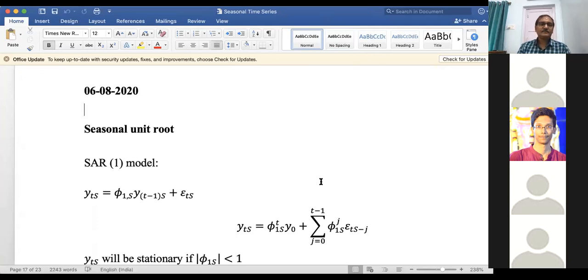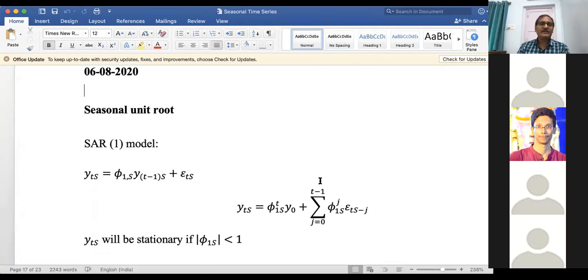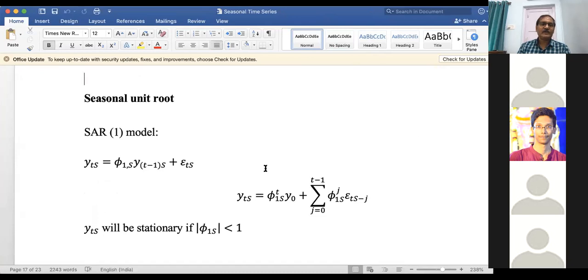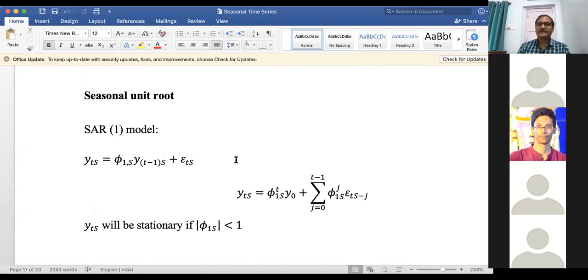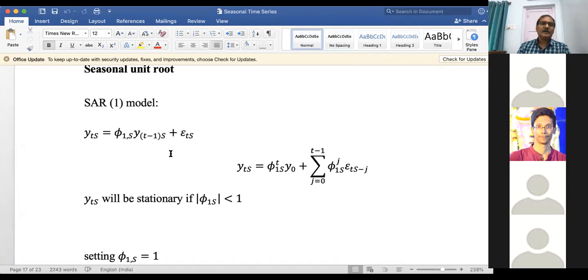Okay. So again, let me start with the autoregressive process of order 1 with seasonal frequency S. It is specified in this way: yts is equal to phi 1s yt minus 1s plus epsilon ts.